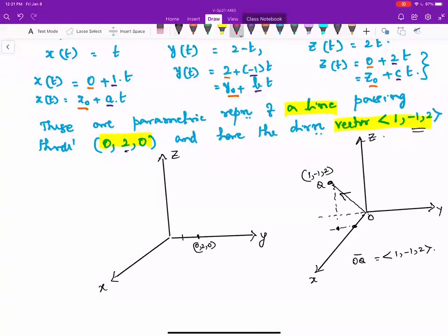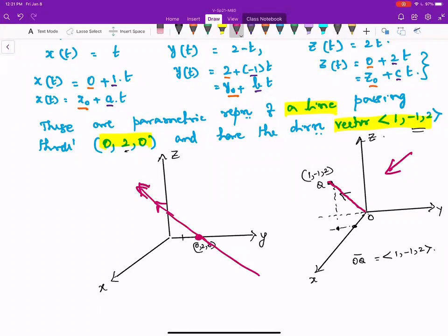But our problem says that it's a line passing through this point in the direction of this OQ. So it has to be a line passing through 0, 2, 0 in the direction parallel to the one that is shown in this figure. So your line is like this, passing through 0, 2, 0 with the direction vector 1, negative 1, 2.